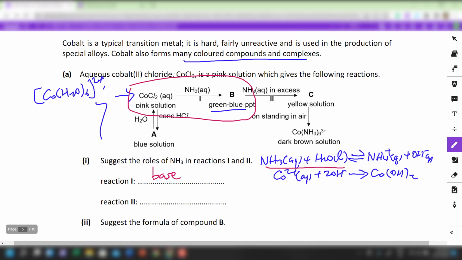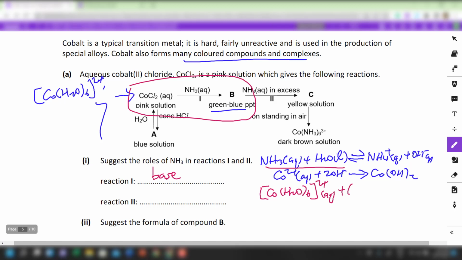For reaction 2, what is happening here is that I'm adding excess ammonia. Because the bulk of the cobalt(II) has already been precipitated out as cobalt(II) hydroxide, the excess ammonia will remain largely as molecular ammonia, which means the unionized species. So it will result in a ligand exchange reaction between hexaaquacobalt(II) as well as ammonia.